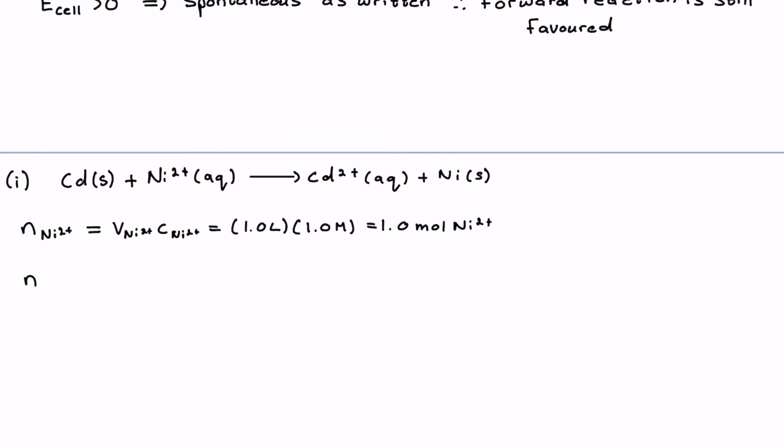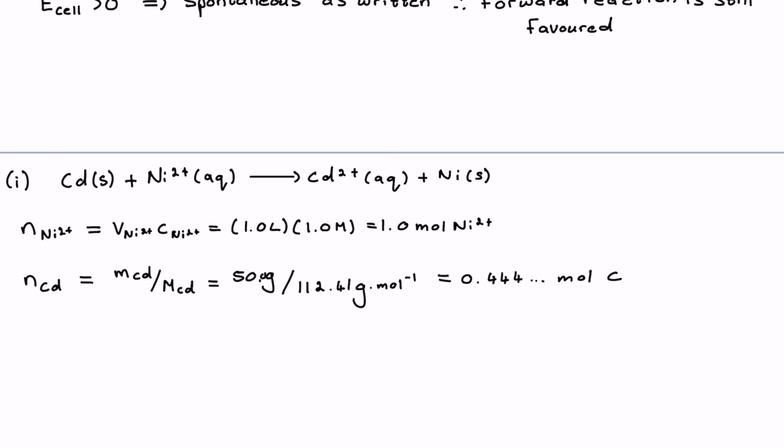On the other hand, the number of mole of our cadmium solid we can calculate from the mass divided by the molar mass of cadmium, and we're told we have 50.0 gram. The molar mass of cadmium is 112.41 gram per mole, and that gives us 0.444 mole cadmium.